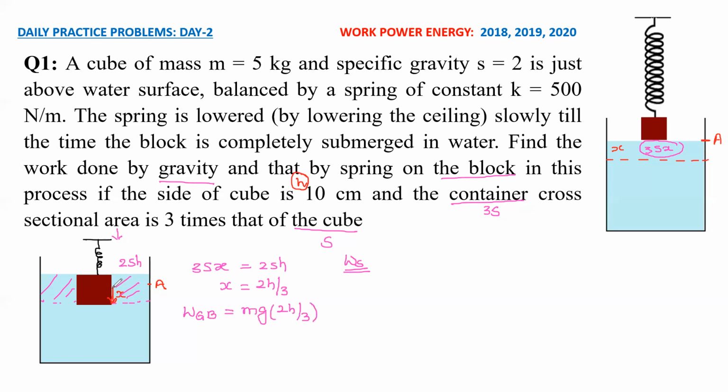That is why the work done by the spring on the block cannot be equated to the negative change of potential energy of the spring, because minus delta PE of the spring equals the total work done by the spring. But we need the work done by the spring on the block alone. And that is the complexity in this particular problem.